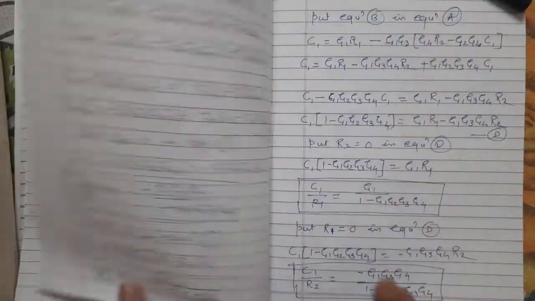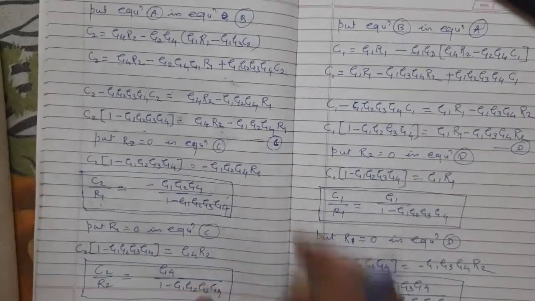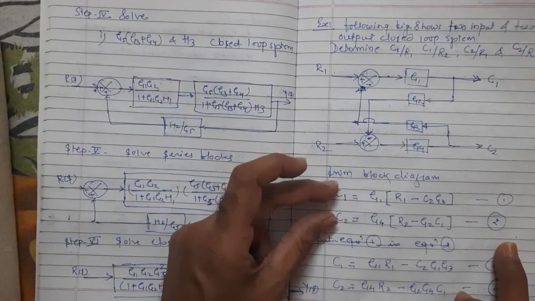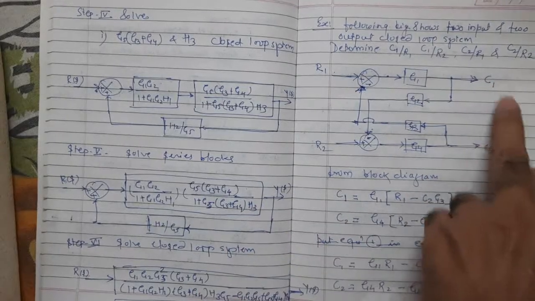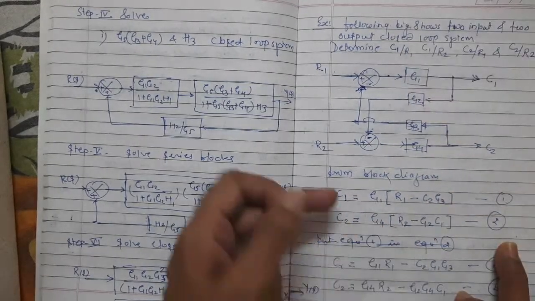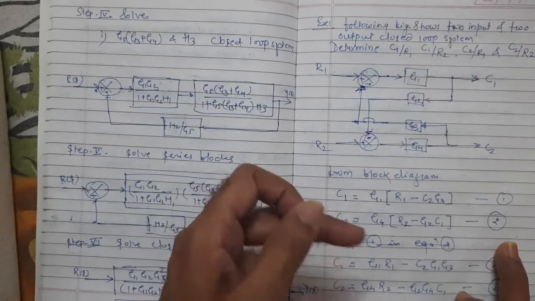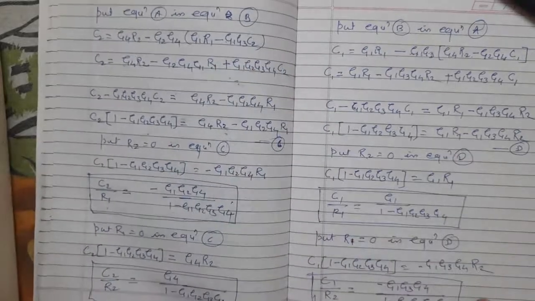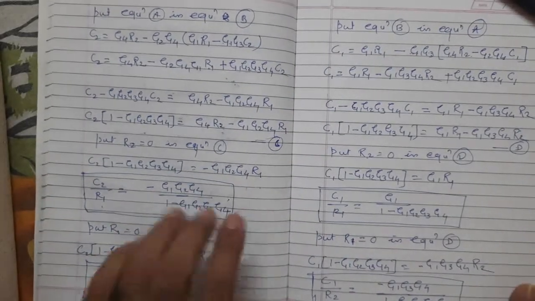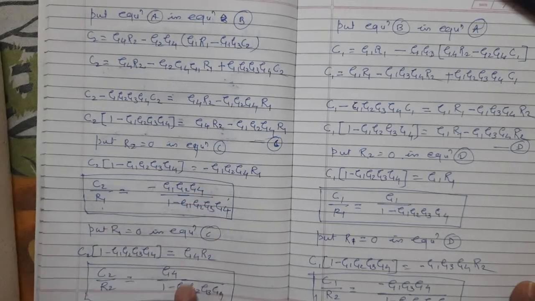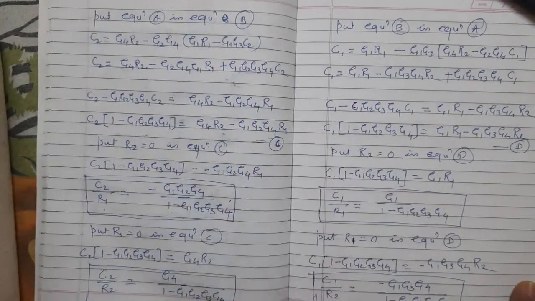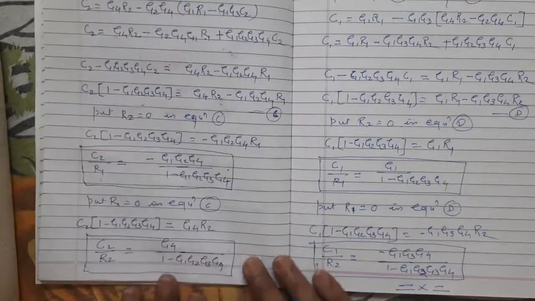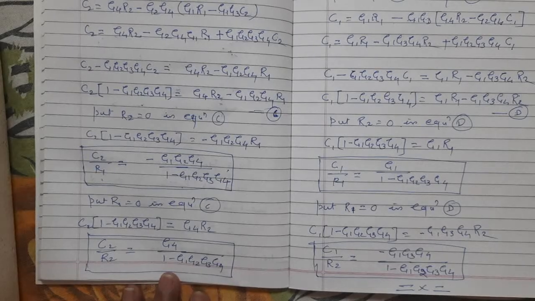The same thing that we have calculated here, by the same way, we have written the system equations in terms of their outputs C1 and C2, and then we have substituted C1 in C2, and the second time substituted C2 in C1, and then solved these and got these equations. First we kept R1 as 0, then R2 as 0, and then we get this output equation. So this way we can find out the transfer functions of a multi-input and multi-output system.